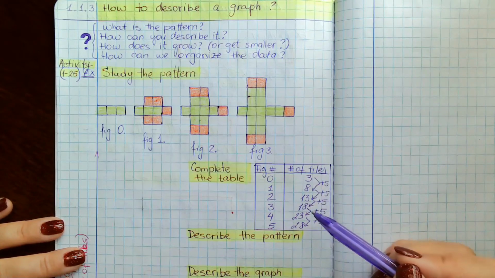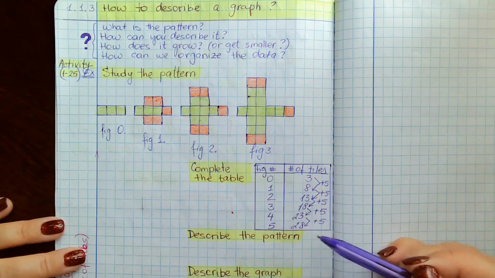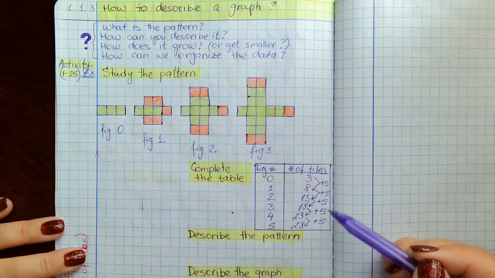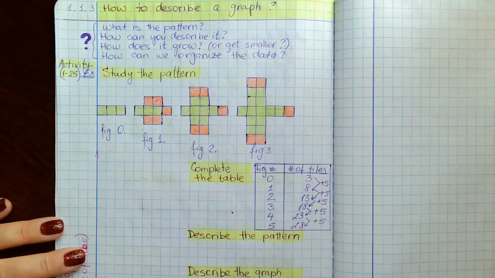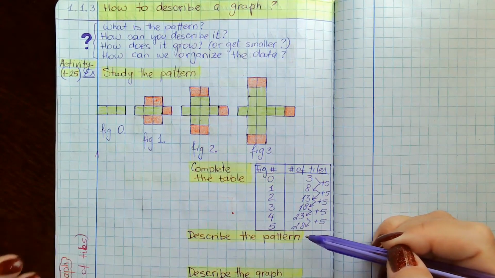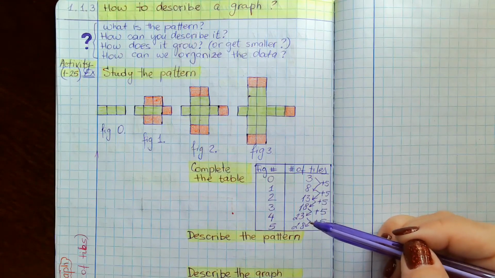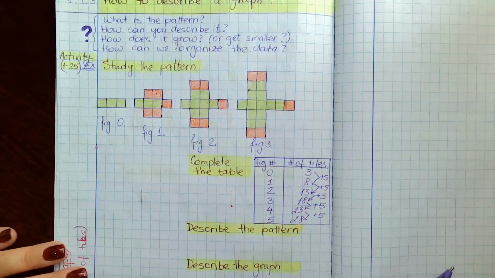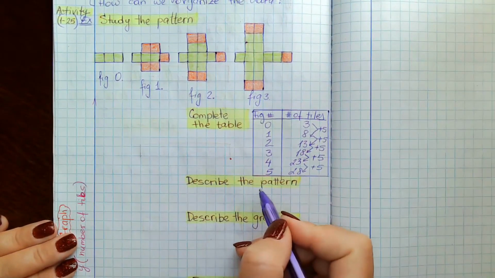So we're not going to extend this chart, but we're going to use this pattern to come up with an equation that works for every figure to determine the number of tiles. So following the pattern allows us to create an equation to find the number of tiles in any figure. But we'll get there one step at a time. So first, how can we describe this pattern?